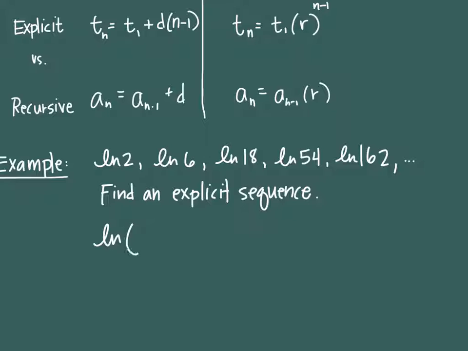Natural log a sub n minus 1, like this, times 3. Okay, that's a recursive sequence. I asked you to write explicit. So that doesn't work. Okay, he said something about the number 3. Okay, yeah, Brendan.